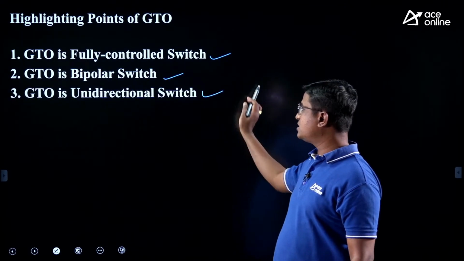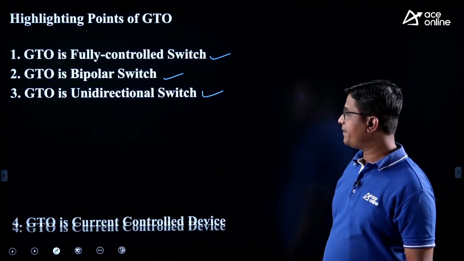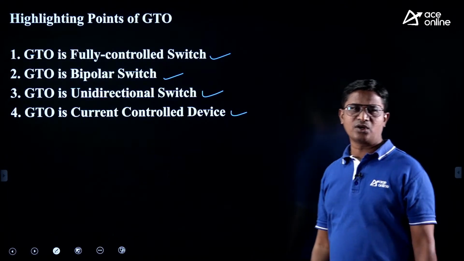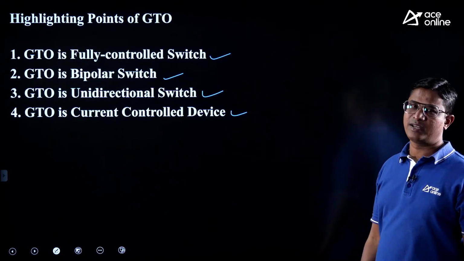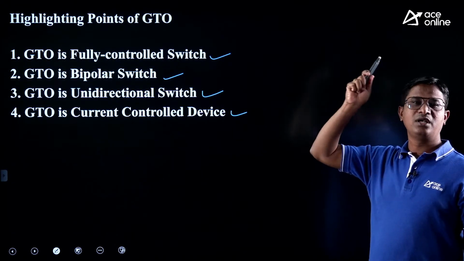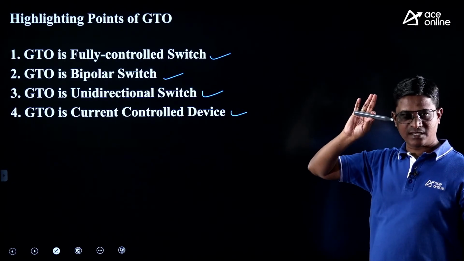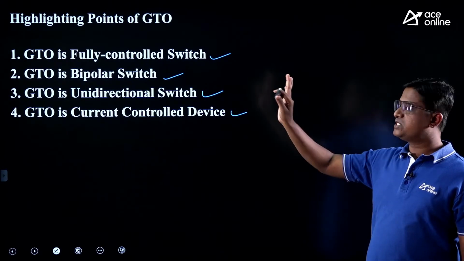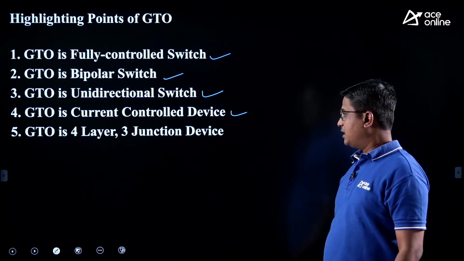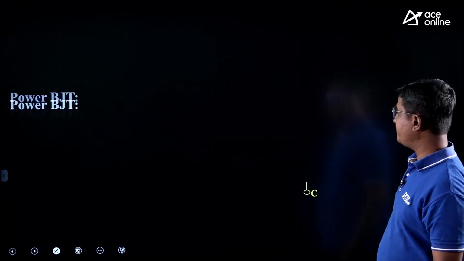It is a unidirectional switch like an SCR. And it is a current controlled device; gate current is used to control the device. So GTO is similar to your SCR. The only difference is that the SCR is a semi-controlled switch, while the GTO is a fully controlled switch. It has 4 layers and 3 junctions.